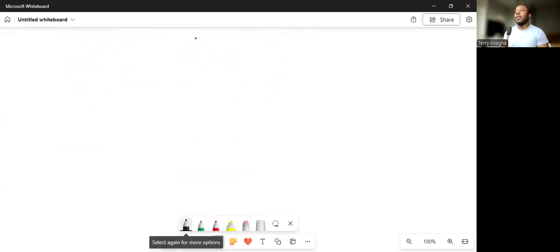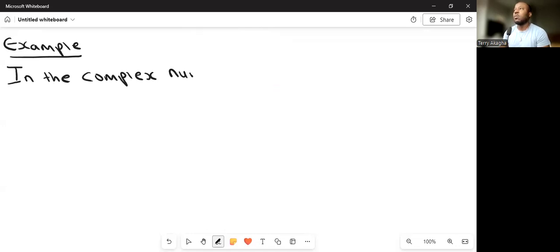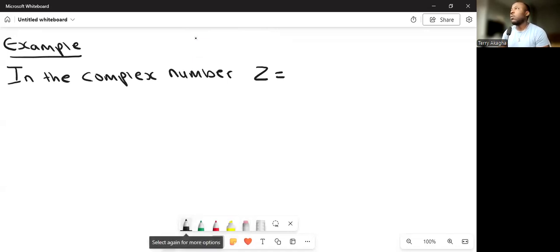So let's assume we're told in the complex number that Z is equal to, let's make it a different number, -5 plus J2, something like this.